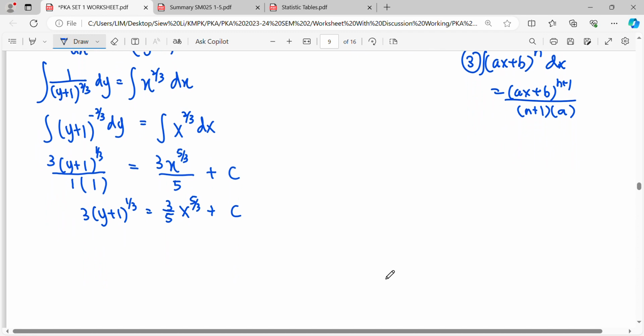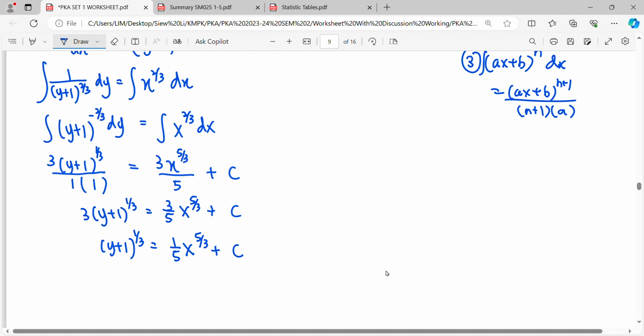Then only we start to substitute values to get the particular form. So you don't substitute values right away from here. Simplify first. 3 you move, 1 over 5. Constant divided by 3 is still a constant. A number divided by 3 still gives a number, still a constant.